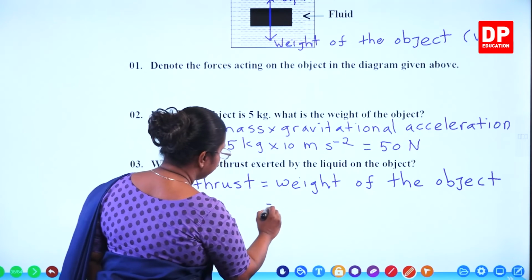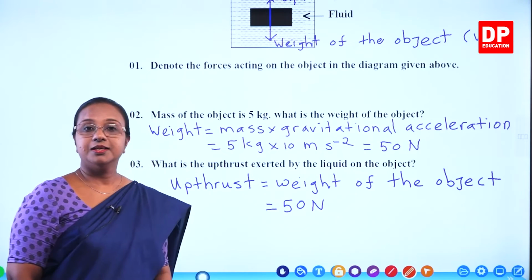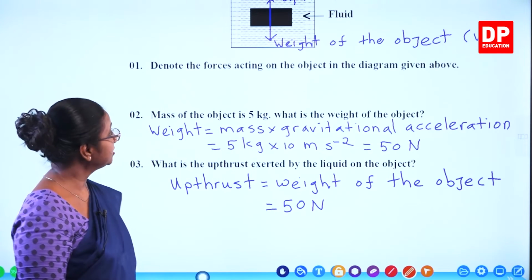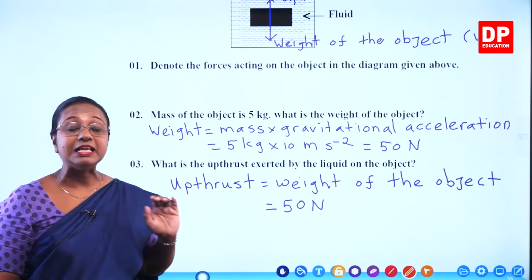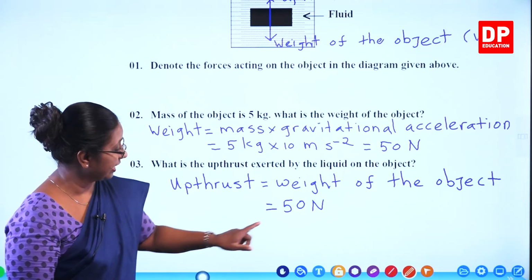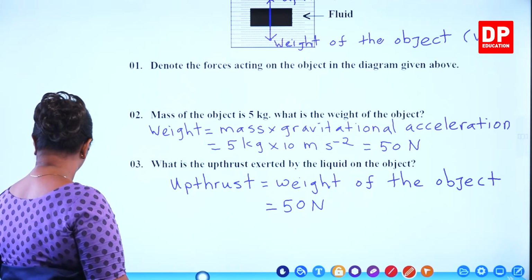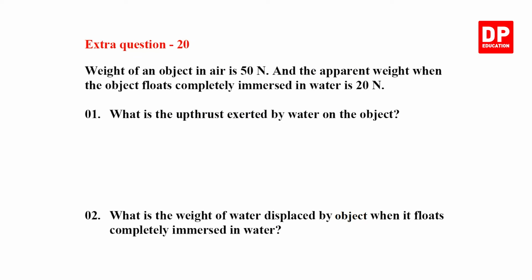So that is equal to 50 Newton. Is that clear to you all students? So the object that is completely submerged and is floating, upthrust is equal to weight. So that is equal to 50 Newton. With that, we will move on to the next question.